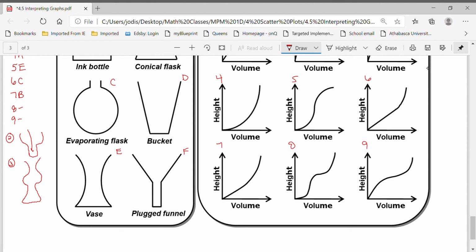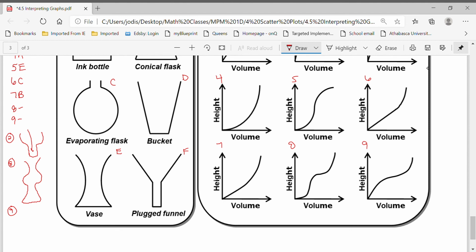We have a narrower part that would fill fast. This bigger part in the middle would fill slow and then fill fast again. Oh, sorry, this isn't 3, this is 9. And then the last one, or sorry, this is an 8. Wow, 8.